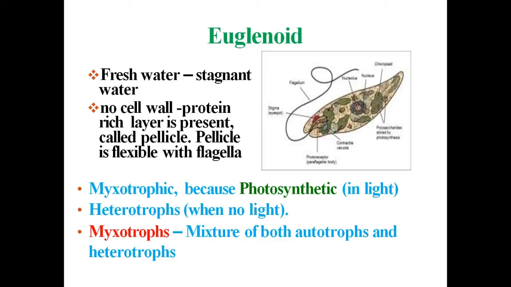Mixotrophic means though they are photosynthetic in the presence of sunlight, when deprived of sunlight they behave like heterotrophs by predating on other smaller organisms. So it acts as photosynthetic when in light, and heterotrophic when no light. That's why it's called mixotroph, a mix of both autotroph and heterotroph.